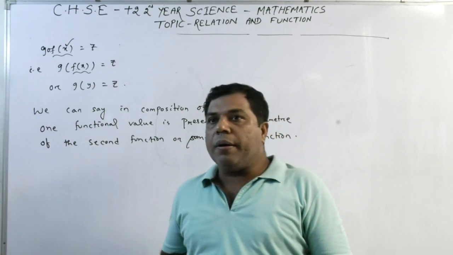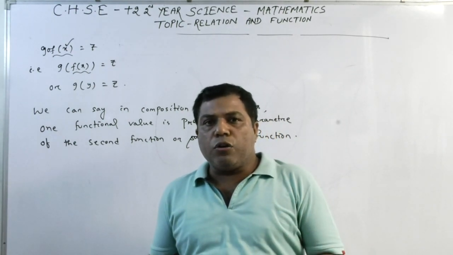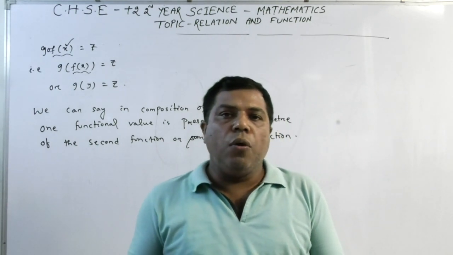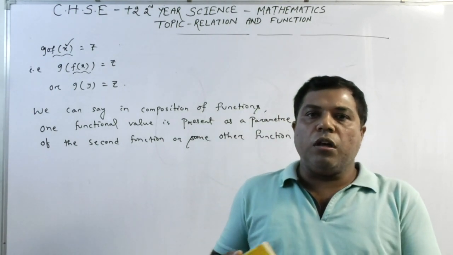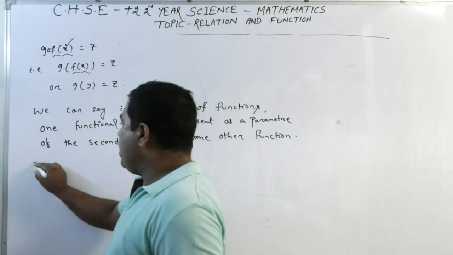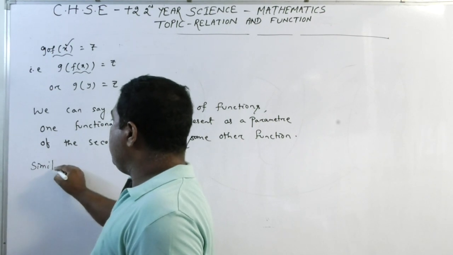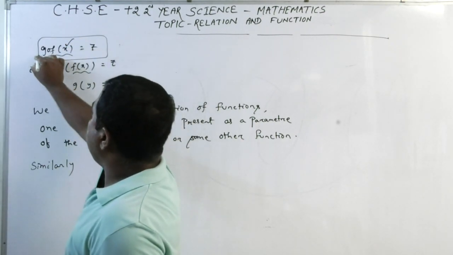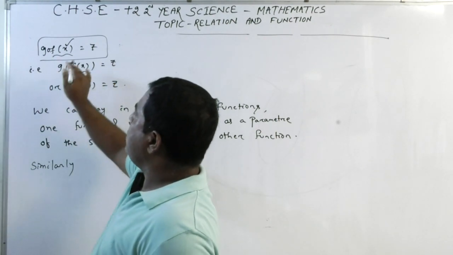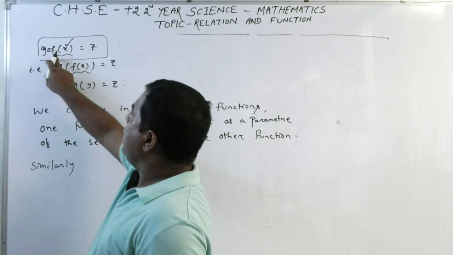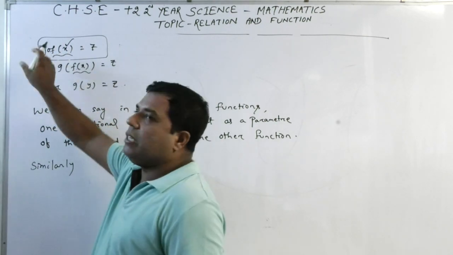Similarly, we can compose not only two functions, we can compose a function with itself, we can compose some other functions. As here g o f of x is defined as z, which is evaluated like this: x is there, then f is applied, it is f of x, and on f of x g is applied.